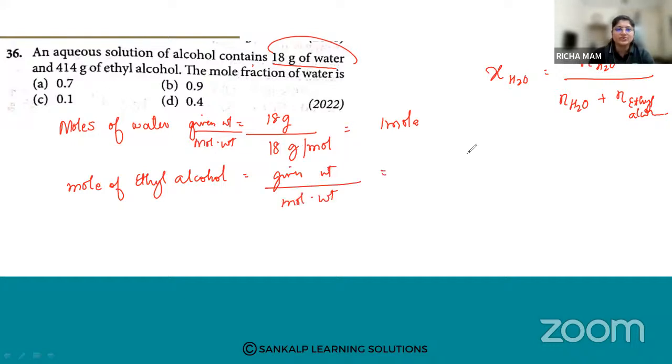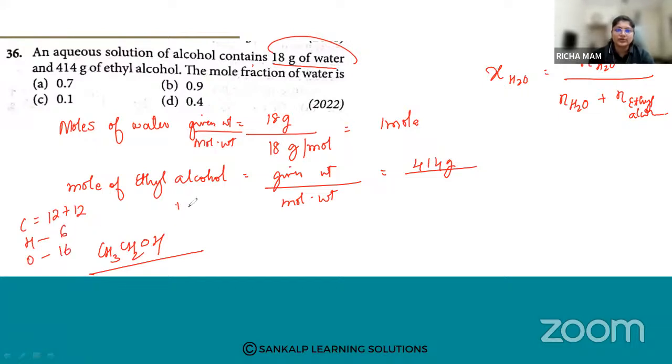What is given weight, students? 414. And ethyl alcohol is CH3CH2OH. Carbon, 2 carbons, 12 plus 12. Then hydrogens, how many? 3, 4, 5, 6. 6 hydrogens, and oxygen is 1.